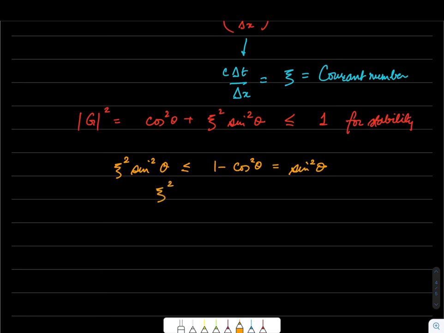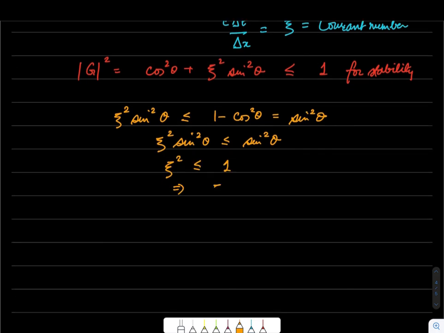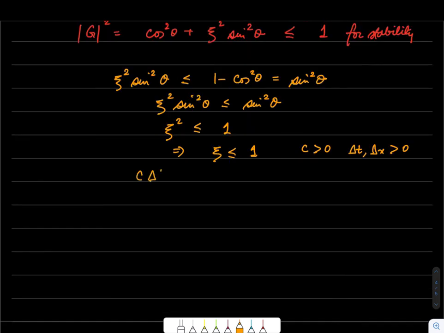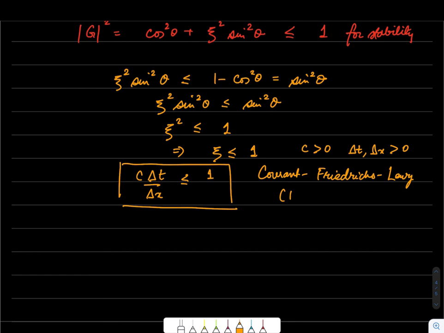So we'll have xi square less than or equal to 1, which means xi has to be less than or equal to 1, and we don't worry about the negative xi because c is positive, delta t and delta x are also positive numbers. So this means c delta t by delta x has to be less than or equal to 1, which is the well-known stability requirement and is called the Courant-Friedrichs-Lewy or the CFL condition.